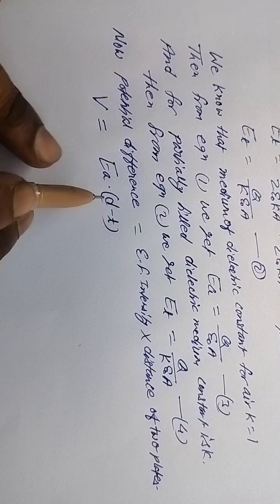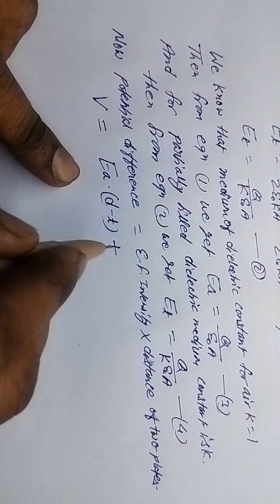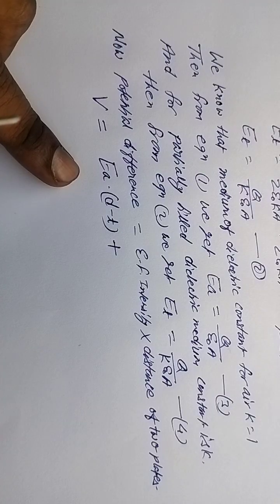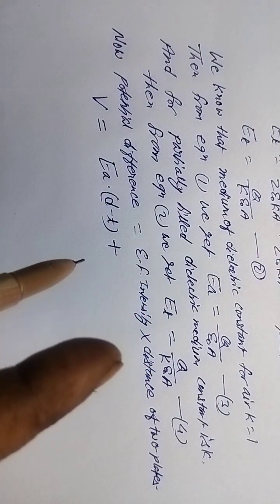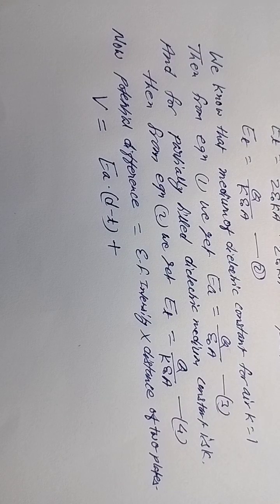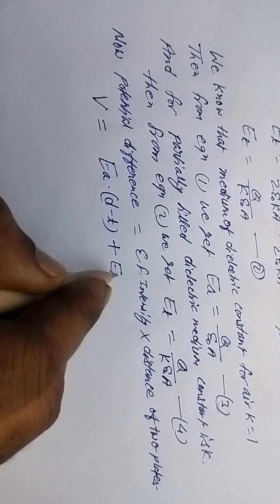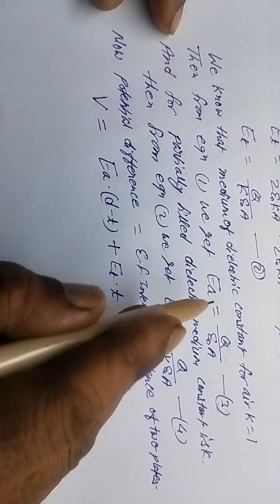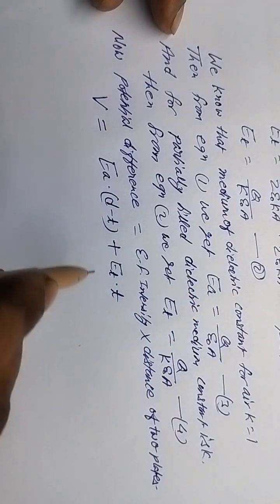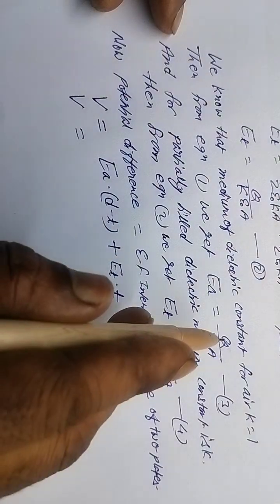Then EA multiplied by d minus t, plus the thickness of the dielectric medium t multiplied by Et, the electric field intensity inside the partially filled dielectric medium, that is Et multiplied by t.